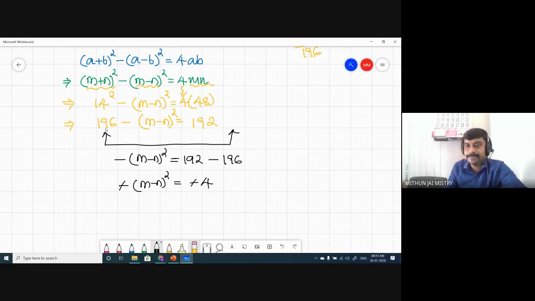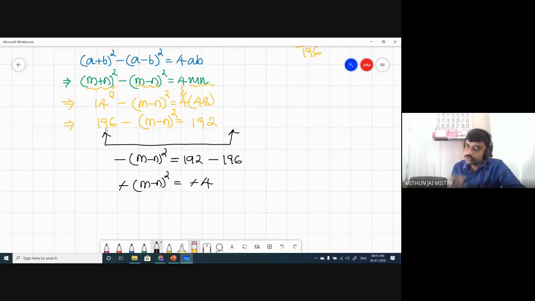That means if you're getting minus x equals minus 4, then you can cancel minus and minus, and simply write x equals 4. The same thing I have done here also. I got minus on both sides, all alone. Minus m minus n whole square, one term, and on the right side we have minus 4.